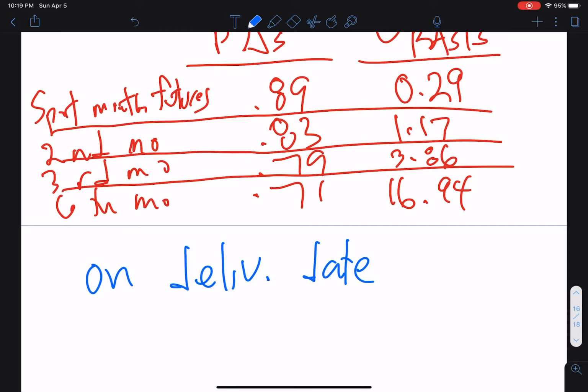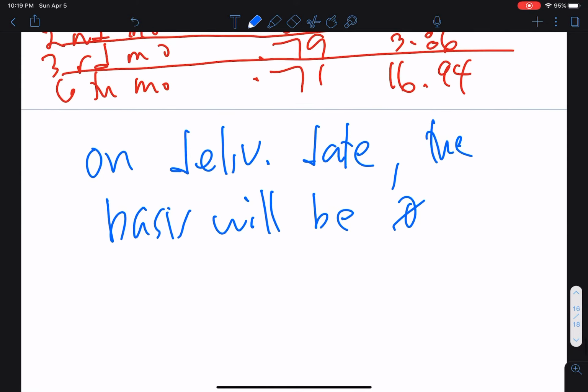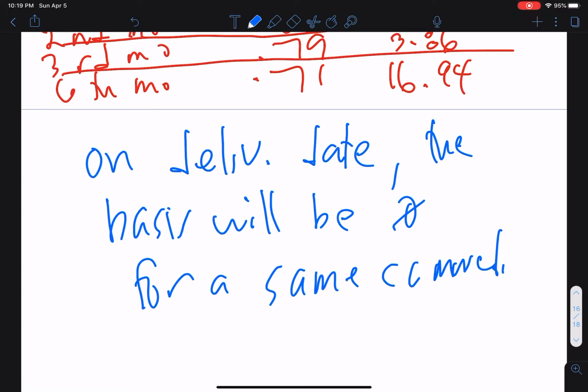But on the delivery date, the basis will be 0. Again, this is for a same commodity futures contract.